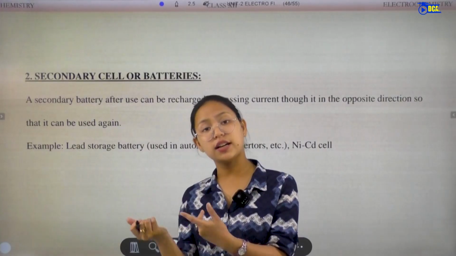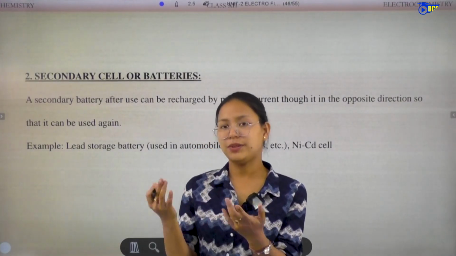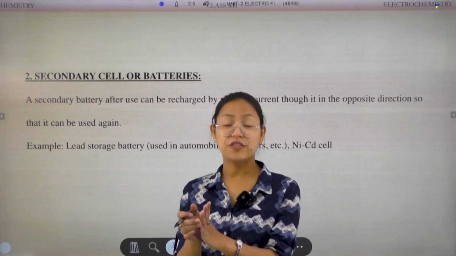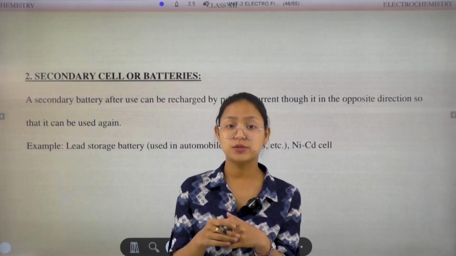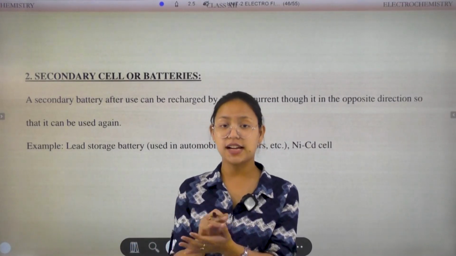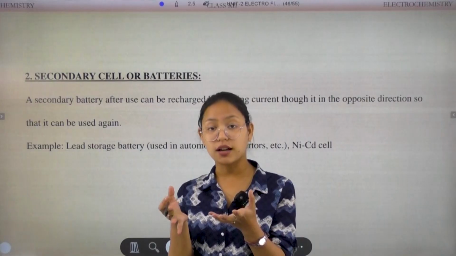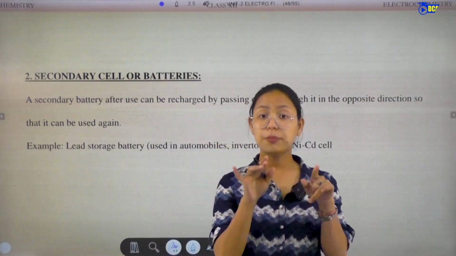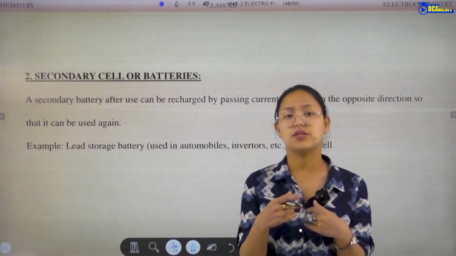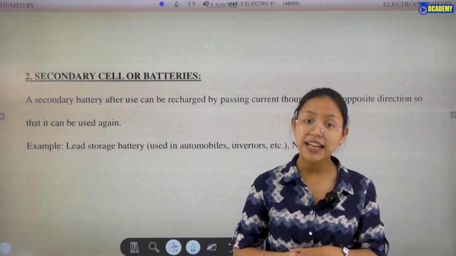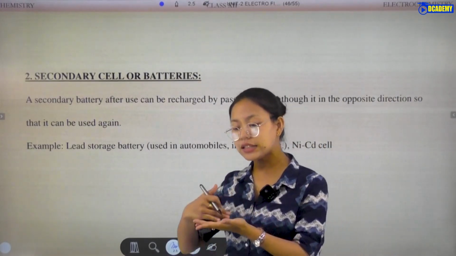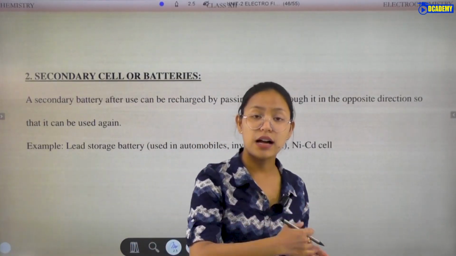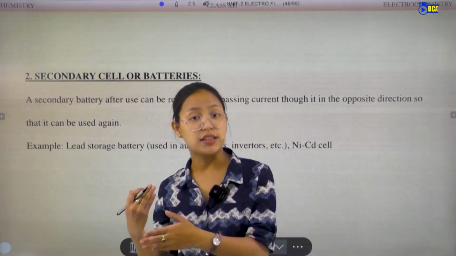The notes, video making or PDF you download, you can still use it again by charging it.